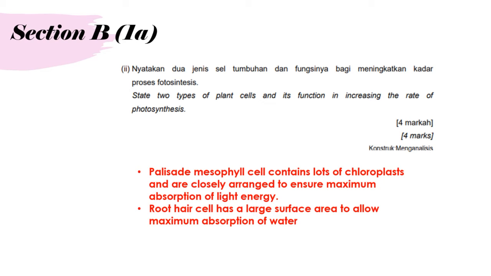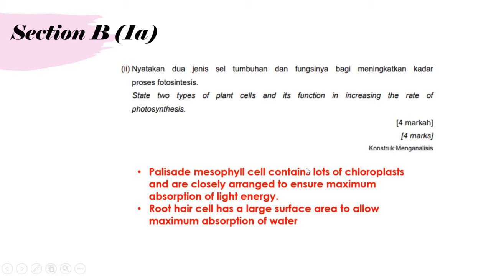When it allows gas exchange to occur, it will cause a lot of carbon dioxide to enter, and it will increase the rate of photosynthesis, right? So that is also related to increasing the rate of photosynthesis.